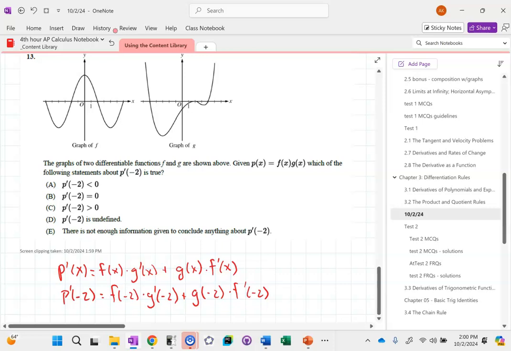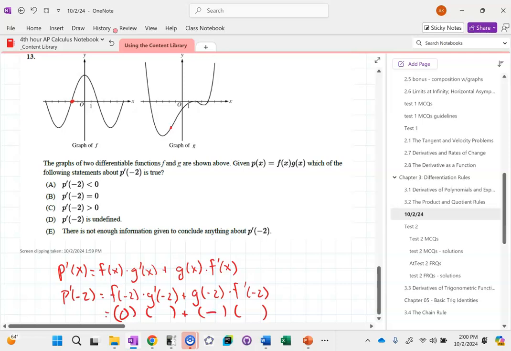Now, all it's asking for is if this is less than 0, equal to 0, or greater than 0. So all I'm going to do is look at the graph and see if the values are positive, negative, or 0. Sound good so far? So if I look at negative 2, f of negative 2 is 0. g of negative 2 is a negative value.